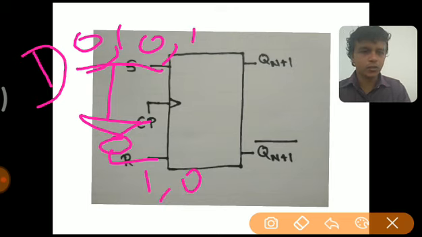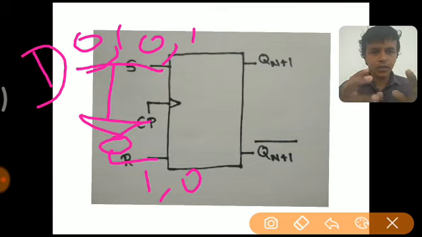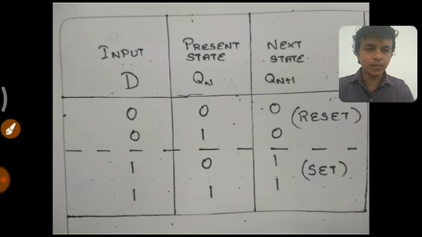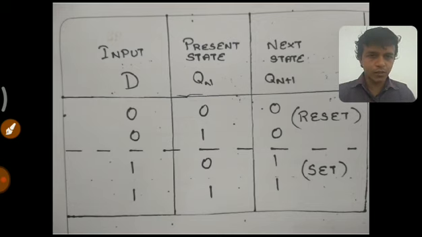So it produces the output as when S was 0 and R was 1, or when S was 1 and R was 0. That becomes another flip-flop called the D flip-flop, or delay flip-flop. D means delay. Now we shall understand what this delay means.